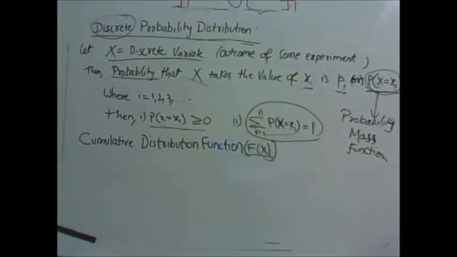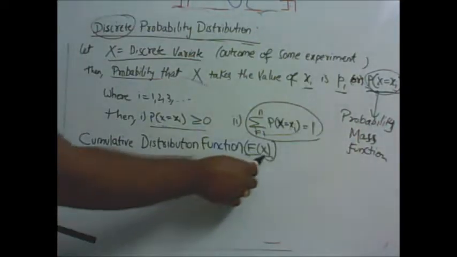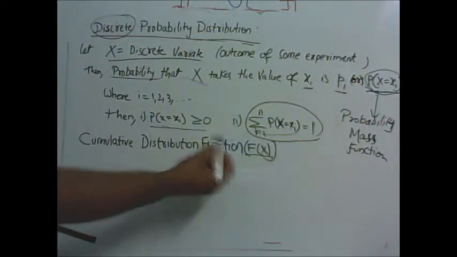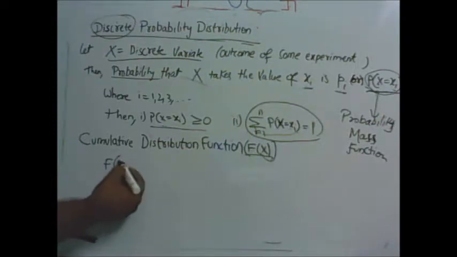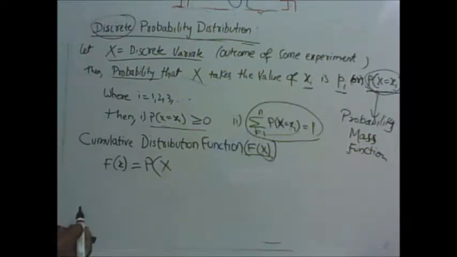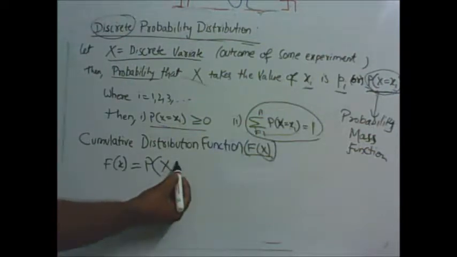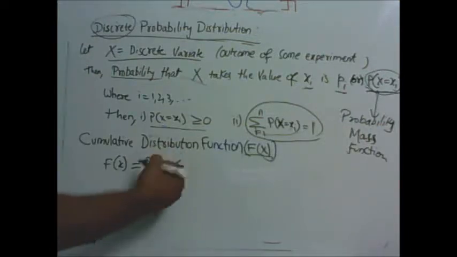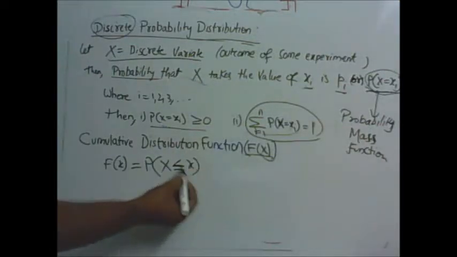Now, coming to the cumulative distribution, or simply the distribution function, which is denoted by f of x. This f of x, small x, is nothing but the probability that the random variable x takes values up to, not equal to, up to the small x.